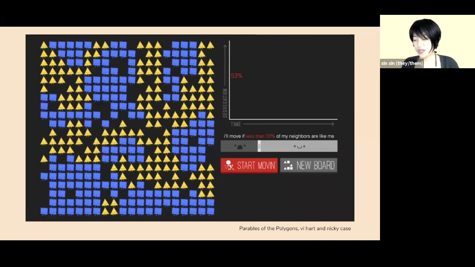So in the pursuit of having the right balance of living among people who are like you versus not like you, there's actually this very complex puzzle-solving process one has to go through, and it's never really perfect.